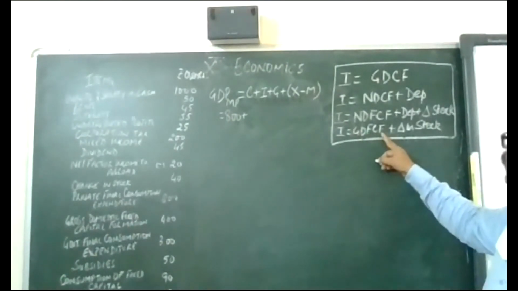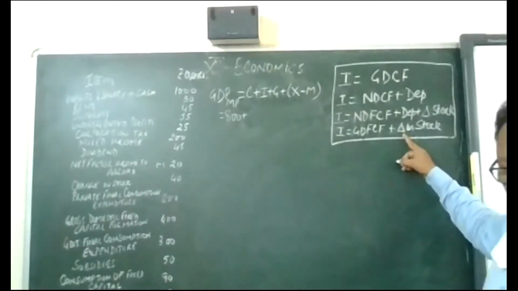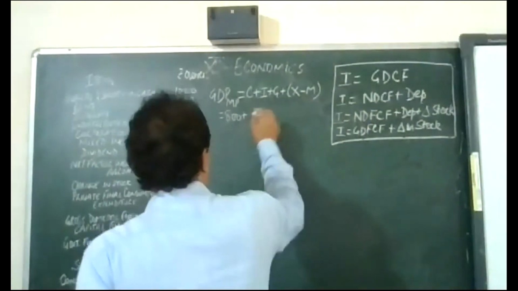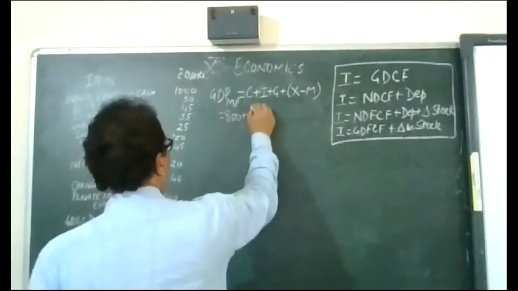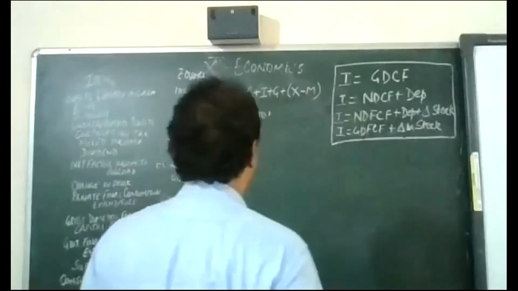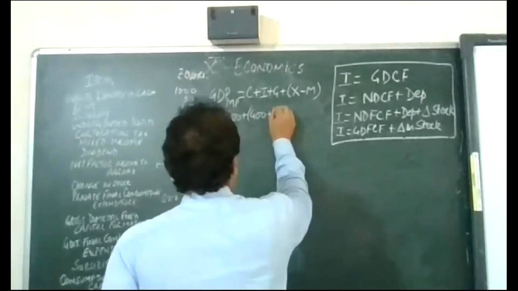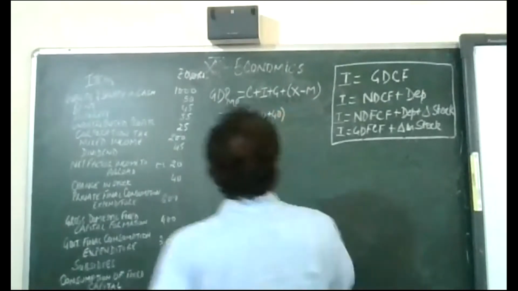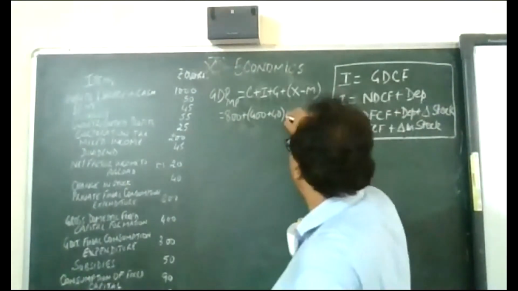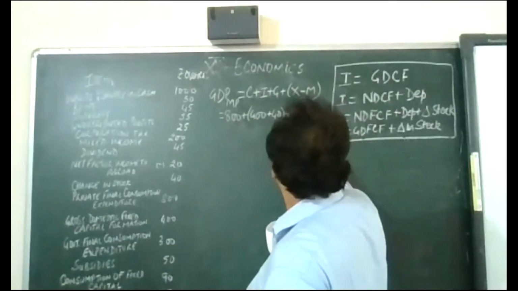When you have this given, what will you add to it? The change in stock. So gross domestic fixed capital formation 400 plus change in stock 40. That's it. This formula we use, plus government final consumption expenditure 300.